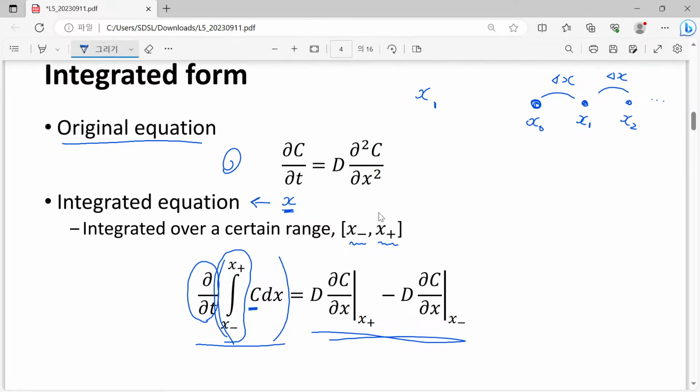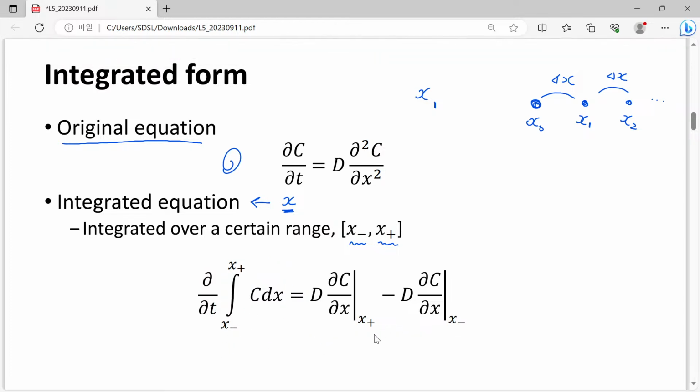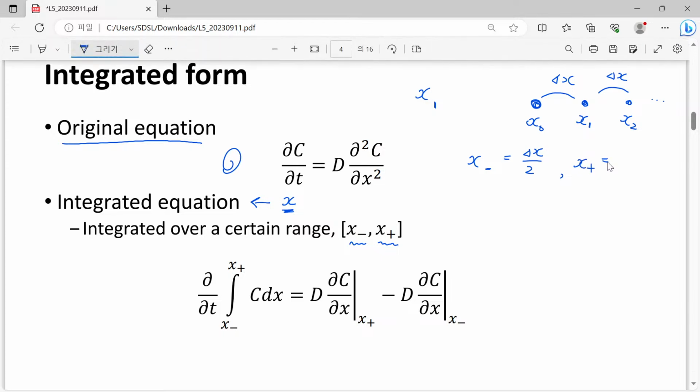So if we adopt this kind of grid structure and apply some case like this, x minus is taken as just half delta x. Okay, then x positive is given by 1.5 delta x. So are you with me?